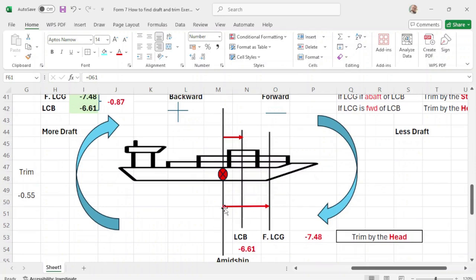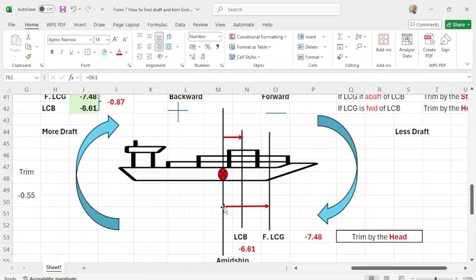So from amidship going to this vertical line will be your final LCG, which is negative 7.48. Now your LCB is also measured from amidship going forward because it is negative. The measurement is negative 6.61.